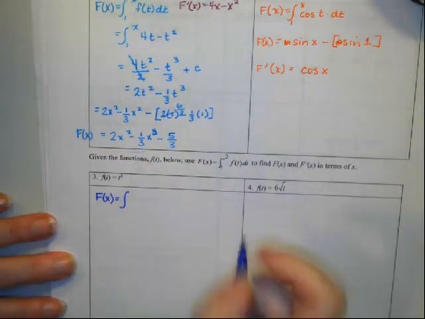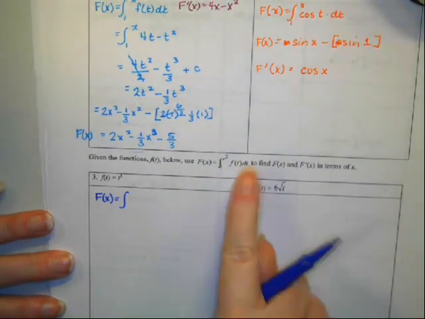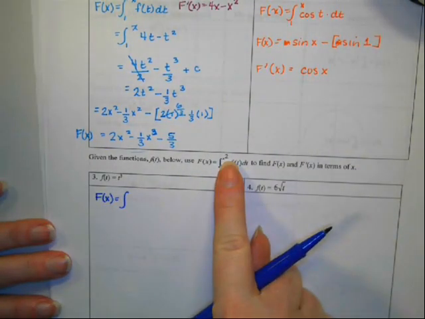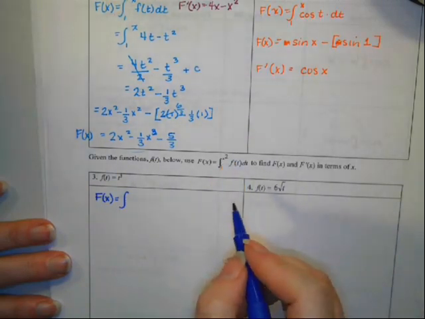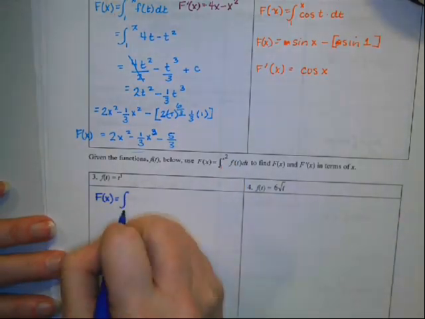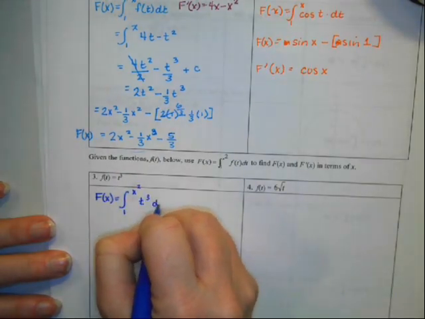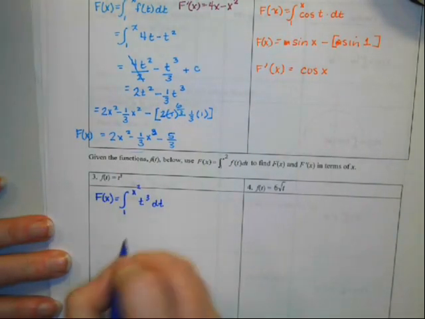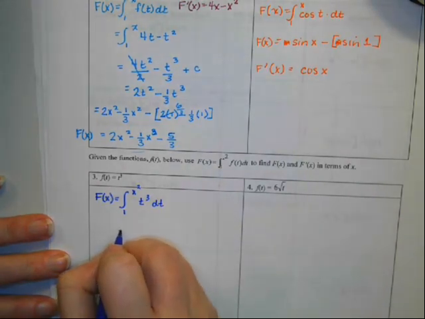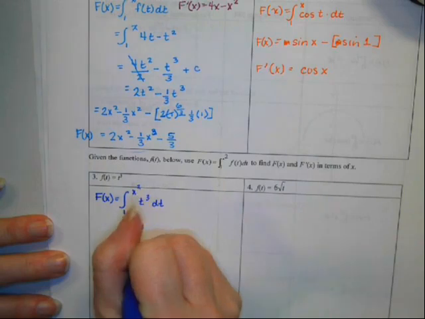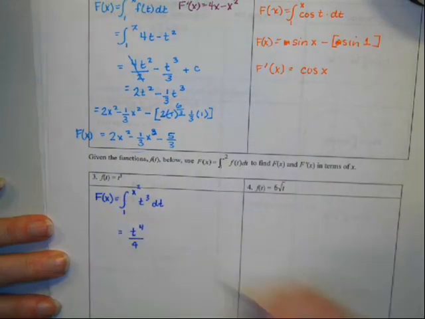Okay, so look, they've changed our bounds now. So instead of 1 to just x, I'm going to 1 to x squared. All right, so we get to power rule this. So that's going to be t to the 4th divided by 4.